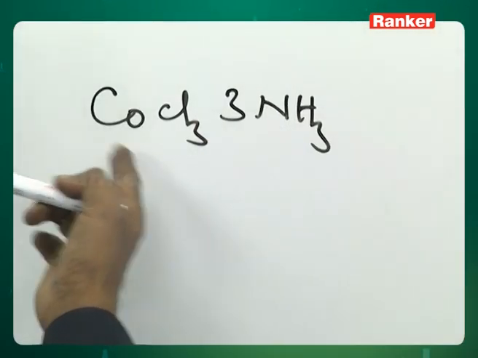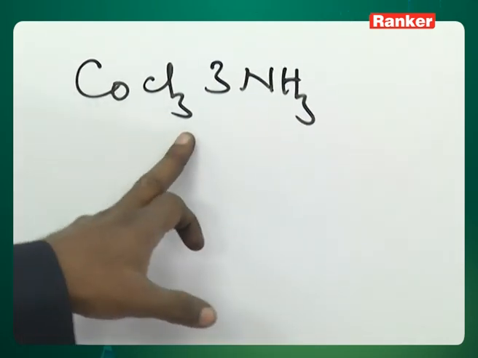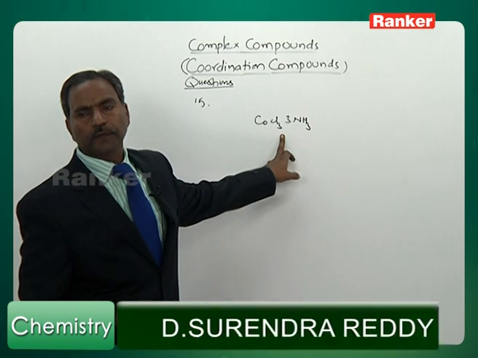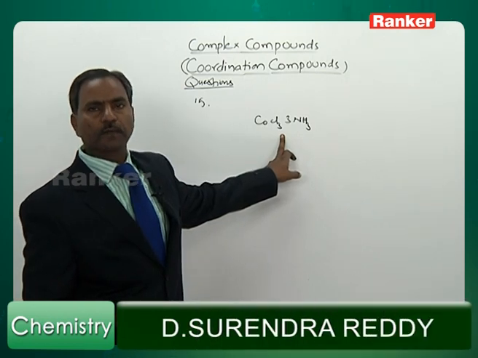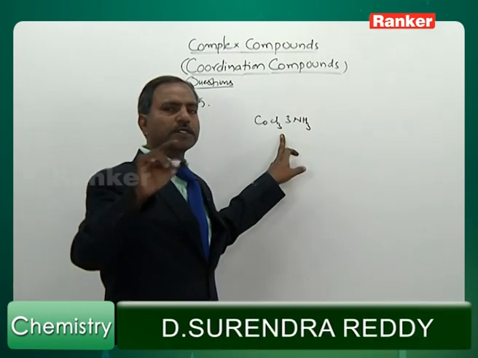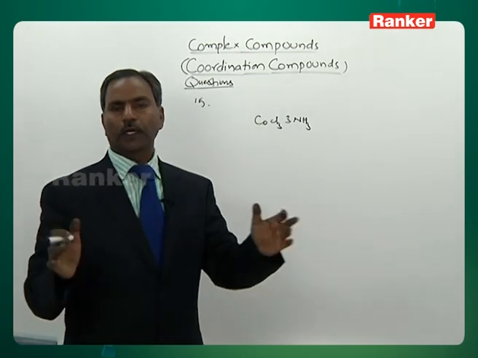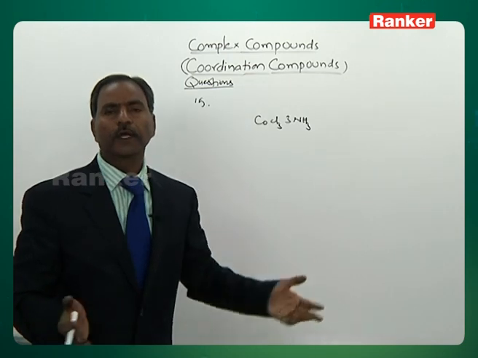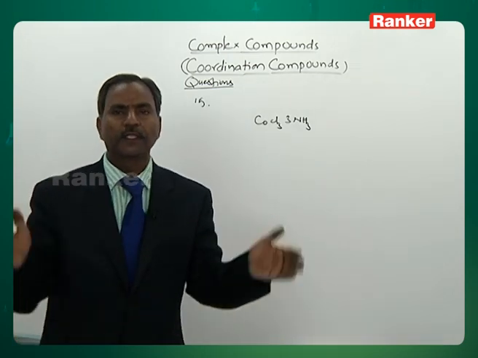Actually, see here cobalt oxidation number comes to be plus 3. Why plus 3? 3 chlorides. Therefore, cobalt oxidation number plus 3. Whereas cobalt oxidation number plus 3, the total coordination number comes to be 6. How many ligands are there? Yes, total of 6 ligands. All should be within the bracket.